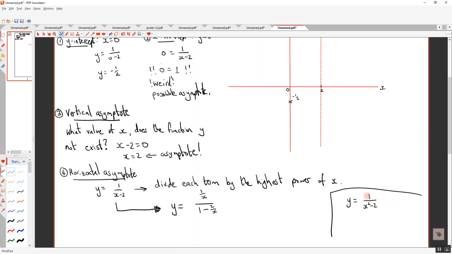If I had x cubed on the top, x cubed over x squared minus 2, I would divide everything by x cubed, because I divide each term by the highest power, okay? Whatever the highest power is, that's what I'm dividing by, okay? Yes? Okay, right.